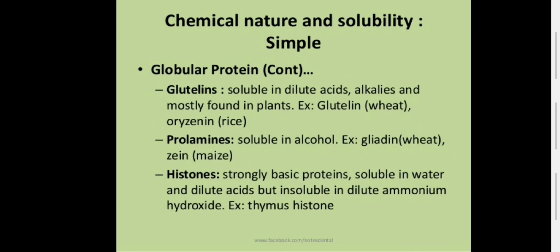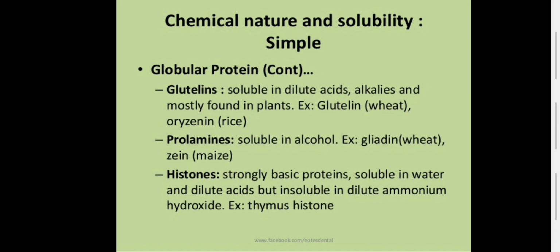Okay. Next, continuing the discussion of simple proteins, we also have the glutelins, prolamins, and histones. Okay. When we say glutelins, they are soluble in dilute acid. Basically, the examples of it are wheat and rice. Prolamins are soluble in alcohol.